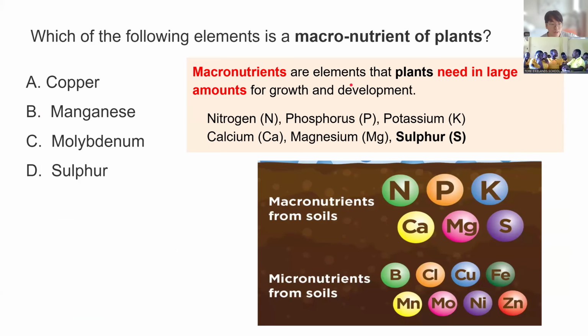Okay, so let's move on to this last section of agriculture. Which of the following elements is a macronutrient for the plants? Yeah, macronutrients are elements that plants need in large amounts.